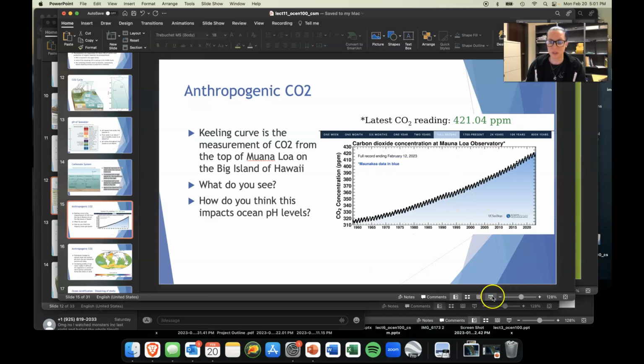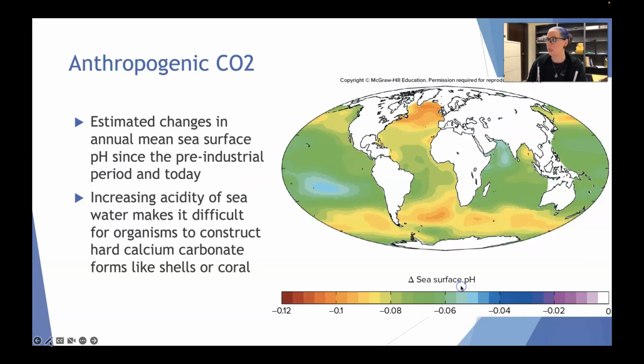So continuing on for just a few. This is looking at how anthropogenic CO2 has changed annual mean sea surface pH since the pre-industrial period to today. The scale here doesn't even have any color in the positive. It's all negative.